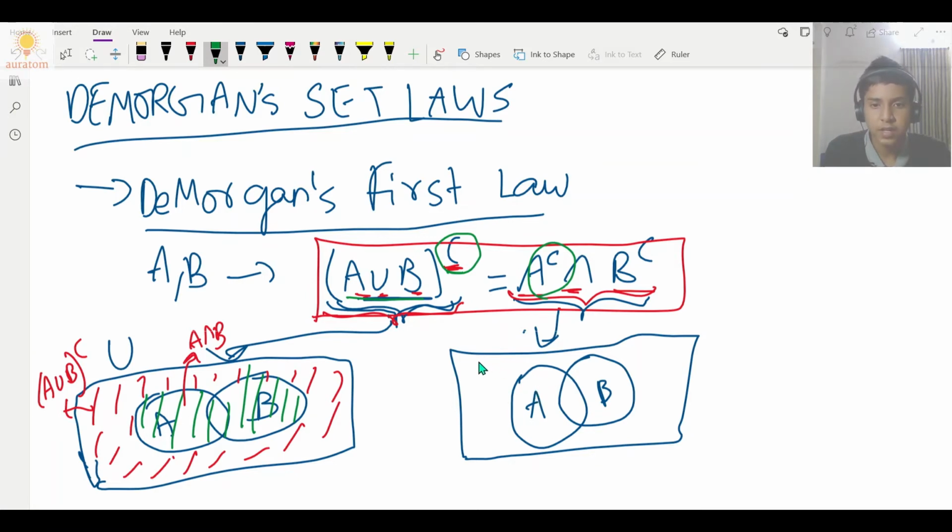So we have to shade everything in here, everything in the universal set, including this part of B because it does not come under A. So we have to shade this whole part, which is A complement. This green part is A complement because A complement is just everything in the universal set except A.